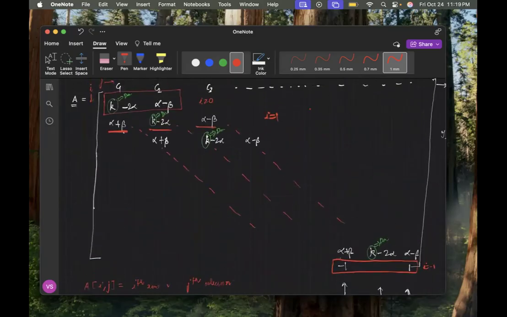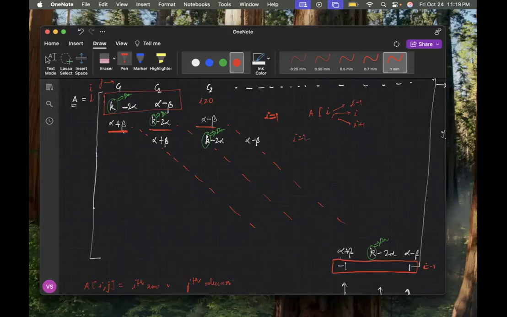That means in the ith row, the only non-zero elements are in the columns I minus 1, I, and I plus 1. Similarly, you can check that for I equals 2.